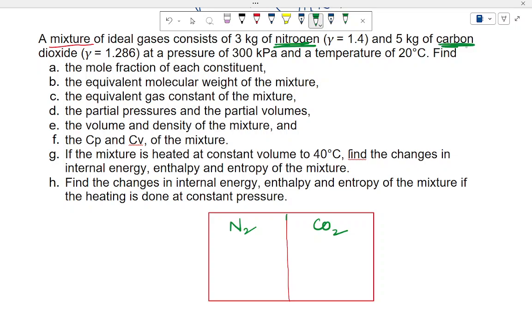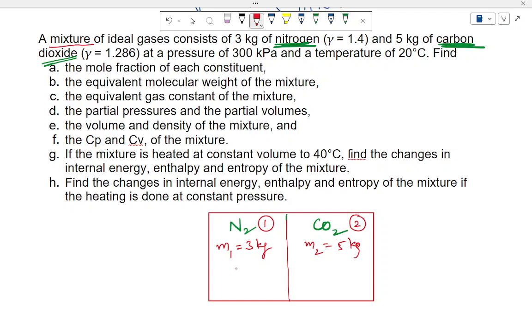The nitrogen and carbon dioxide are the names of the gases here. The N2 is given as 3 kg. Let me call the N2 as 1 in this question and CO2 as 2 in this question. So this will become M1, and the M2 value is also given in the question as 5 kg.